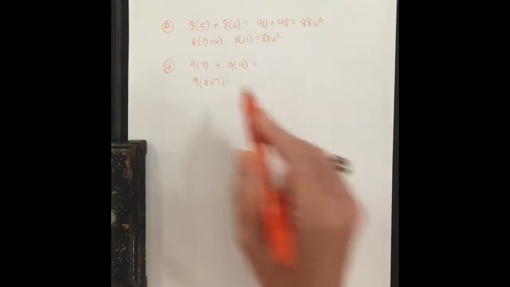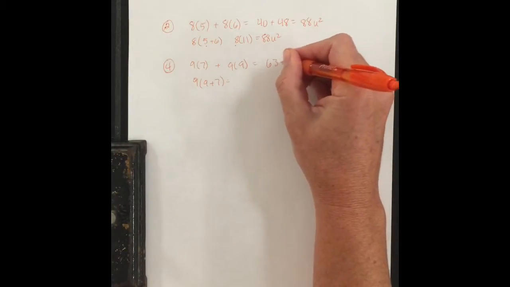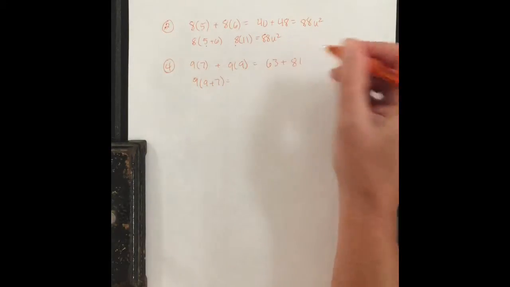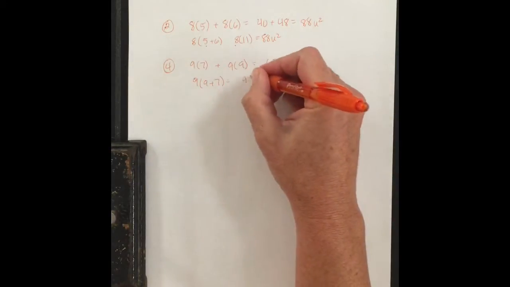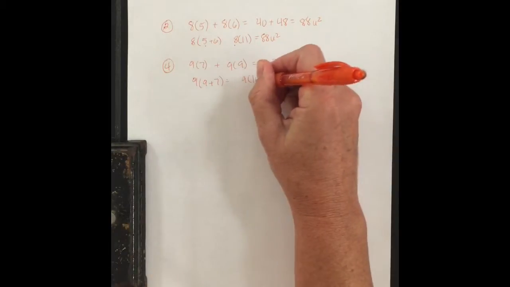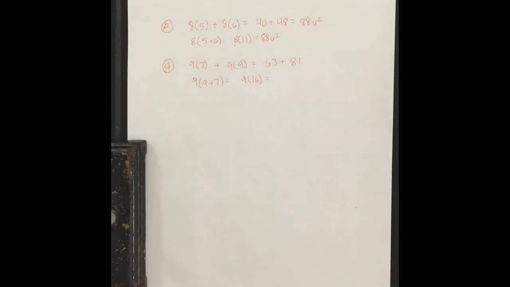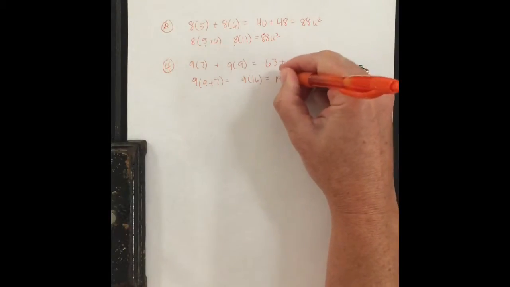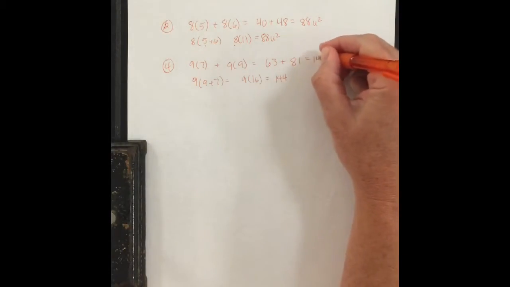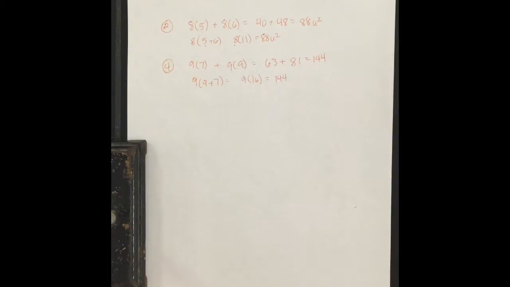Okay. So I have 63 plus 81, and I have 9 times 16, which I don't know off the top of my head, which is 144, and this is also 144.